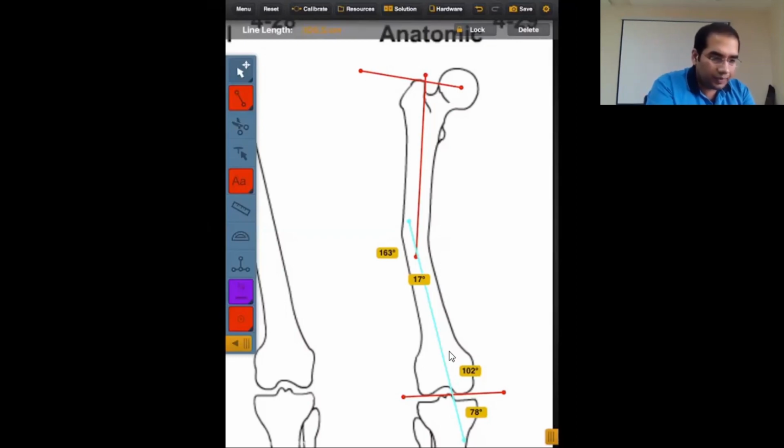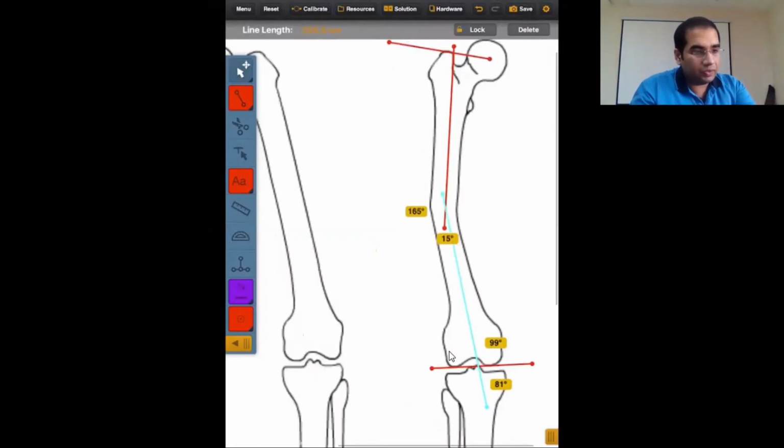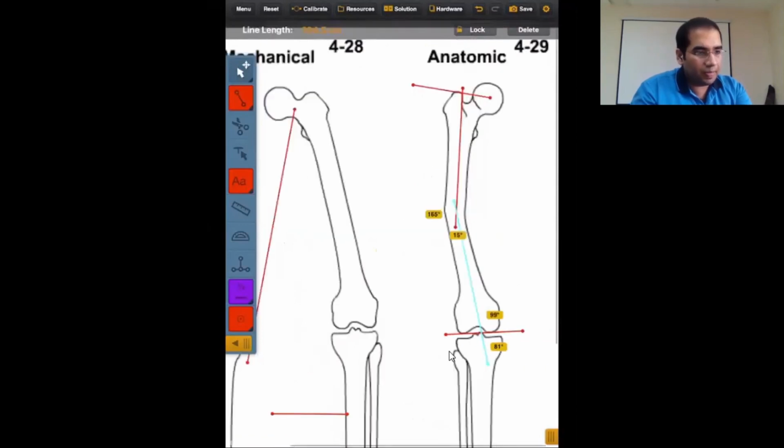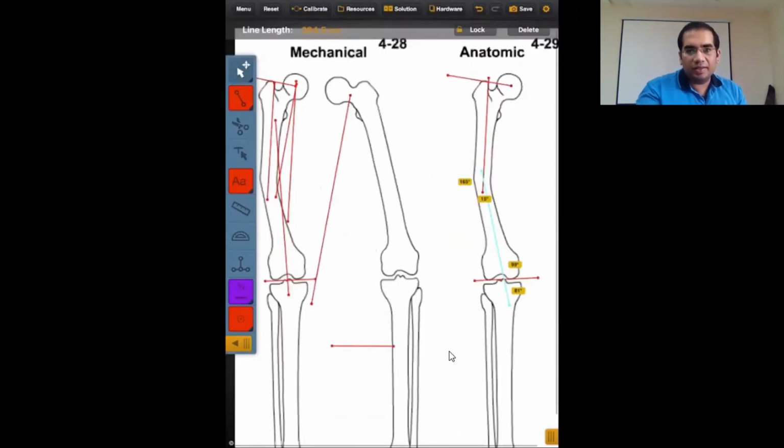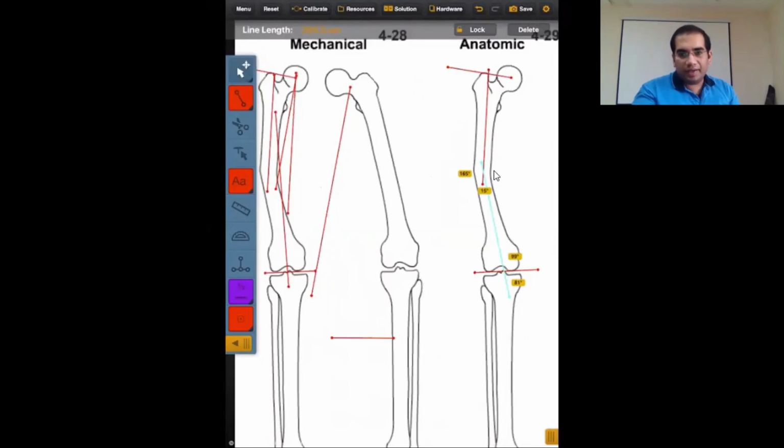So you always need to draw your lines at a normal angle to your knee joint, so that the lateral distal femoral angle is 81 degrees. So now the deformity is 15 degrees centered here, and on this side it is also 15 degrees.